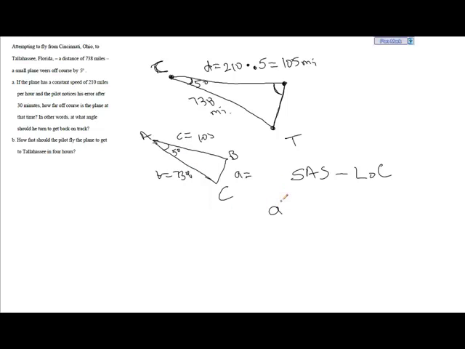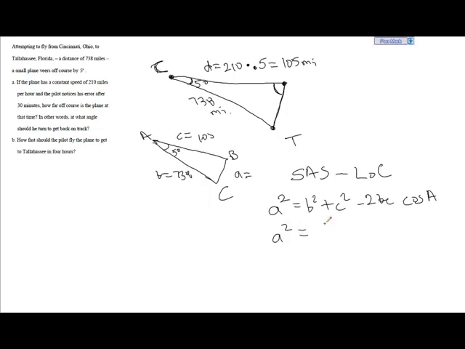And remember that when you use the law of cosines, you need a squared equals b squared plus c squared minus 2bc cosine A. If you have the angle, then you need to be finding the corresponding side. If you have a side, then you're going to be hunting for the corresponding angle. So we're going to plug in everything we have.